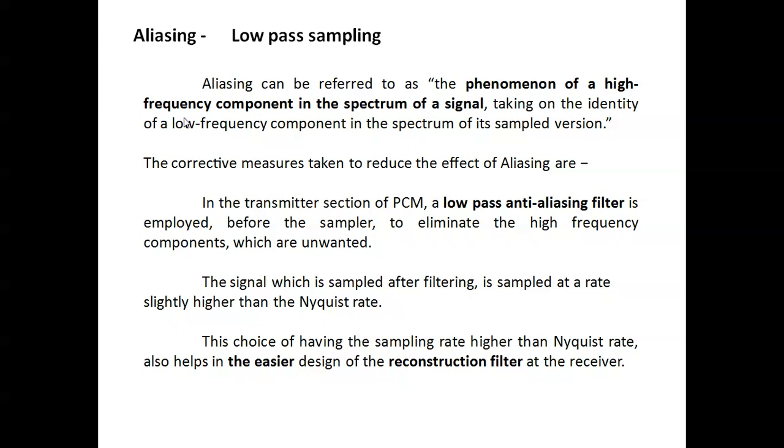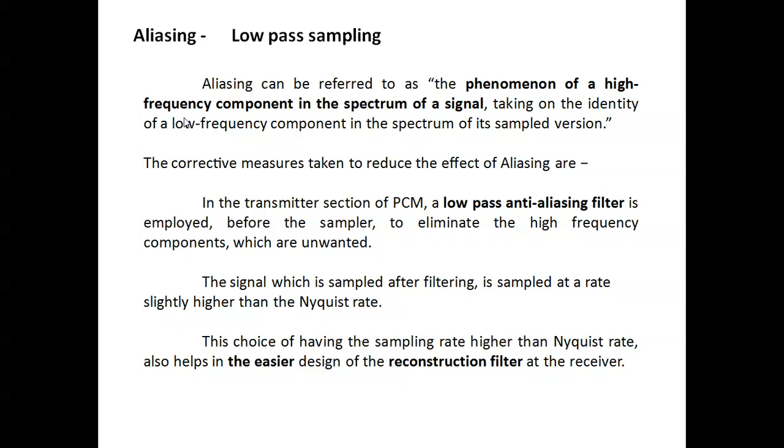Aliasing is defined as a phenomenon of the high frequency component in the spectrum of the signal, so we have to avoid that high frequency component. The low pass anti-aliasing filter is present before sampling in the PCM, pulse code modulation, transmitter.